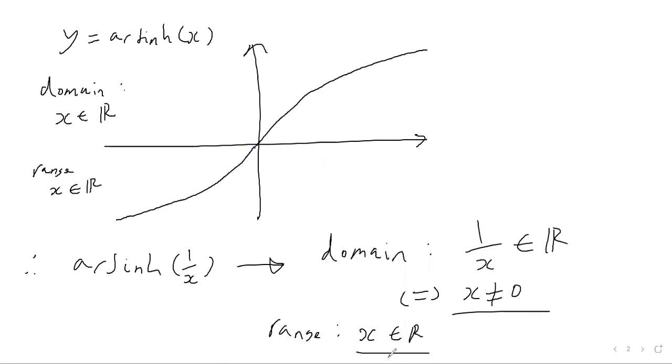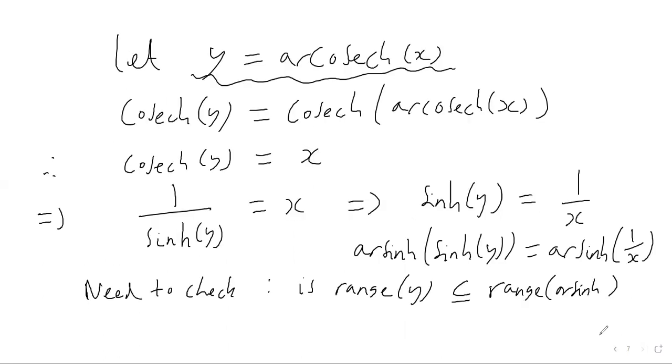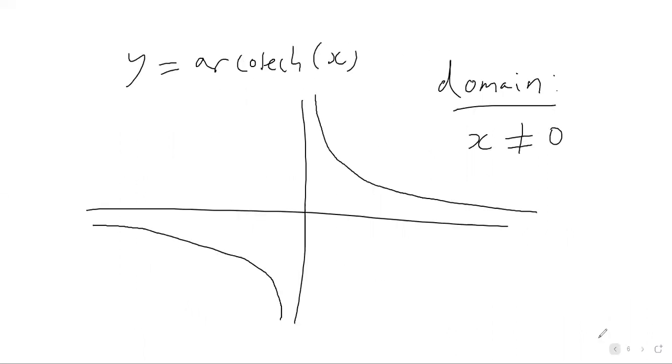So the range of arsinh is x in the real numbers, just all real numbers. And the range of y, the range of this r cosec of x, we sketched this graph back here. So the range again is all real numbers.